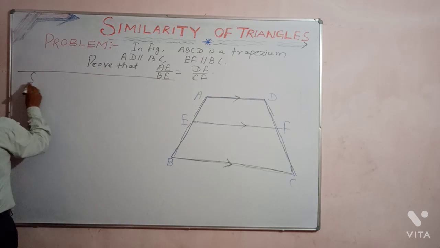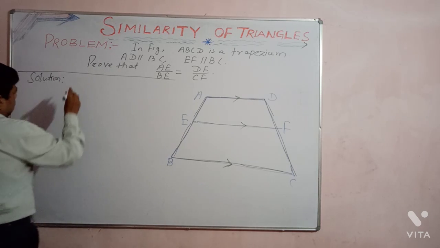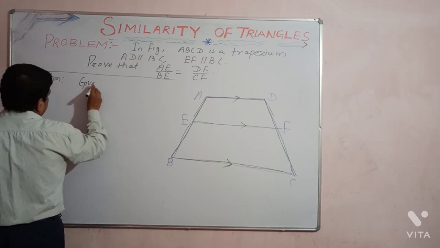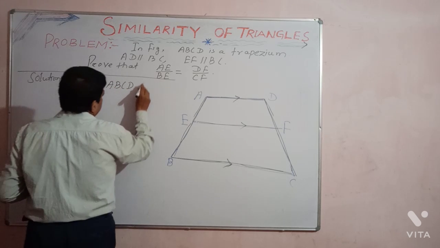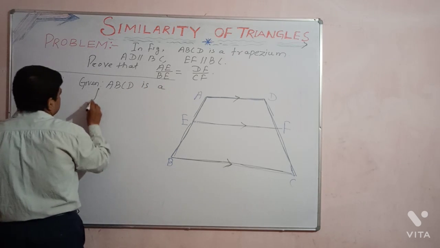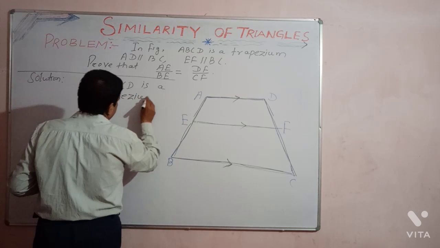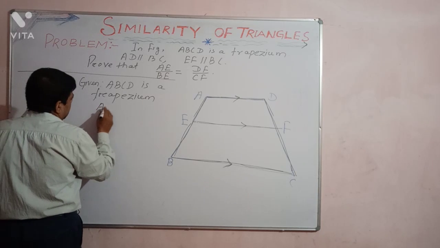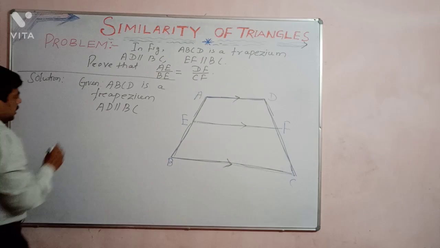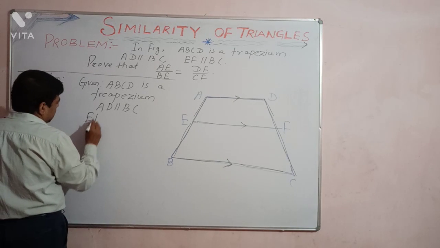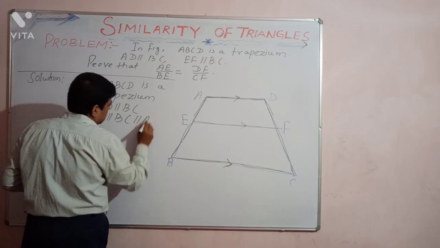Let us see now. What is given here? ABCD is a trapezium where AD parallel to BC, and also given EF parallel to BC, and BC parallel to AD.